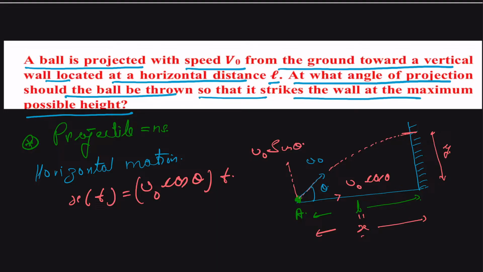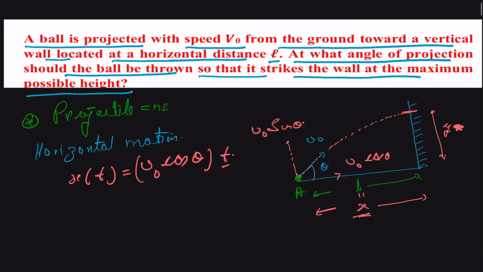In this time t, it is going to travel horizontally a distance of x, and in the same time t, it is going to cover the vertical distance. So this is the correlation between the time t with respect to the horizontal as well as the vertical.